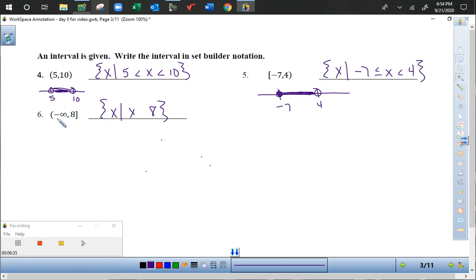So -infinity is to the left on the number line, so we'd point to the left, and there was a bracket, so included. Graphically, that's a solid dot here, and -infinity is lower, so it's everything in that direction. If the infinity is on the left, we're going to point to the left. If the infinity is on the right, you're going to point to the right, and that's it.